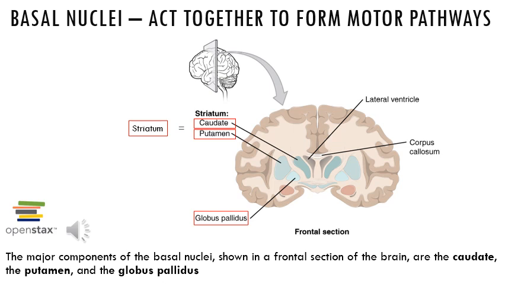So the fact of the matter is all of this information being generated by the cerebral cortex has to be integrated somewhere. And what does that are regions of cell bodies located in the brain called the basal nuclei.